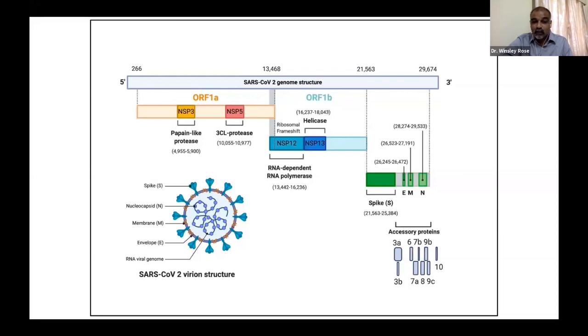The spike protein itself is responsible for attaching to the human cell and entering the human cell. You have another structural protein, the nucleocapsid protein, which gives a backbone to the RNA. It's a single-stranded RNA virus.